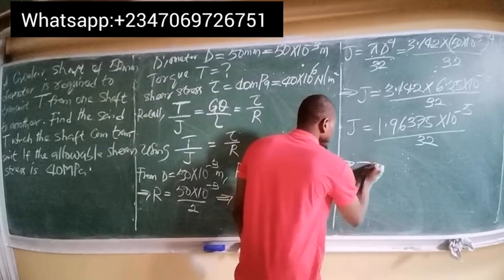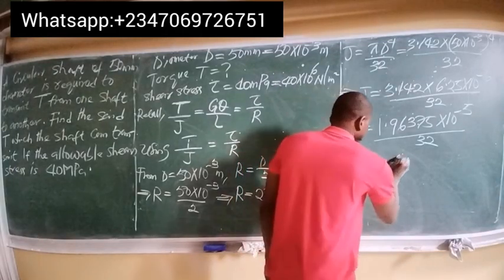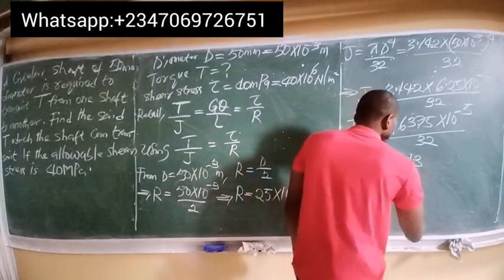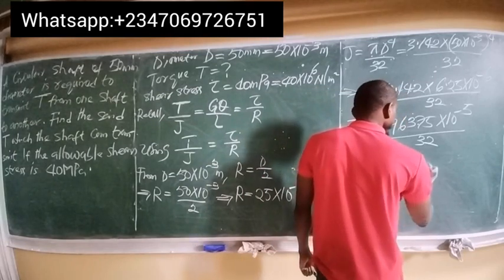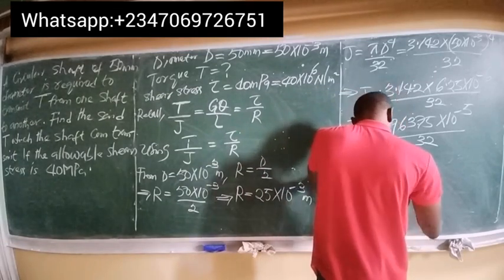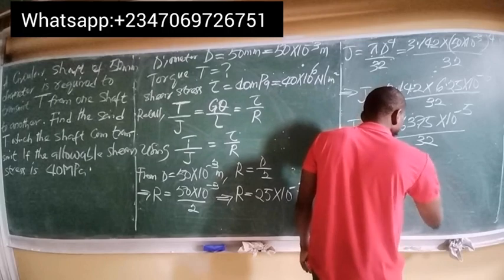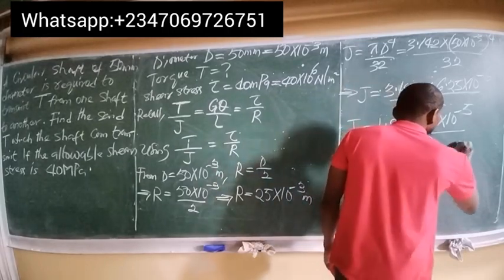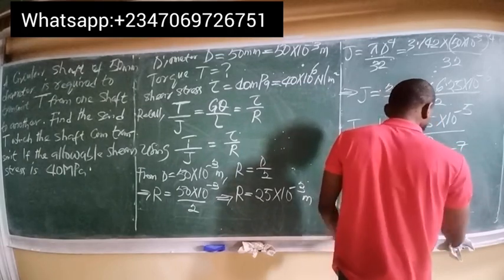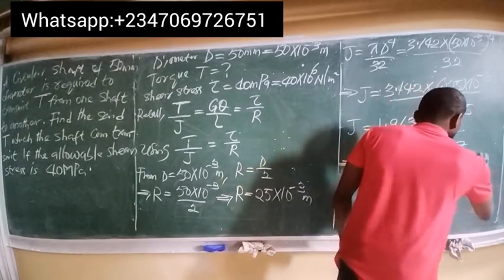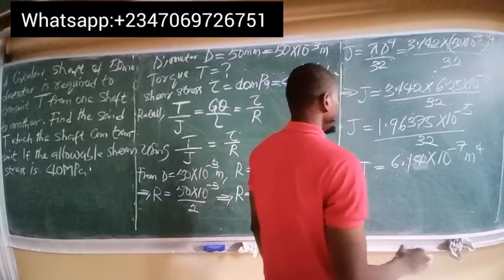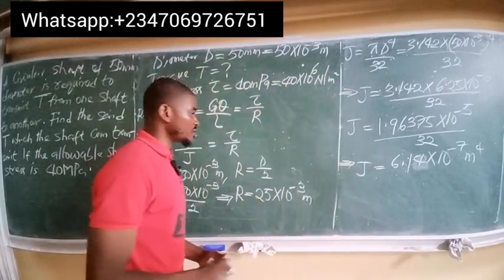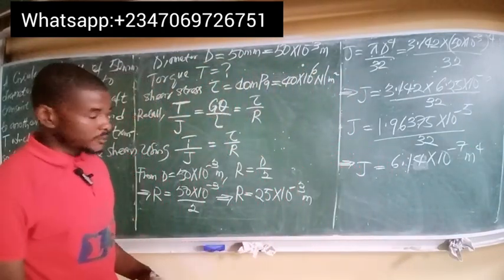This gives us J equal to 6.14 by 10 to the power of minus 7 in meter to the power of 4. So this becomes the value for the second polar moment of inertia.